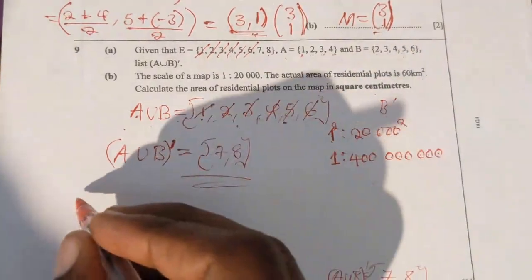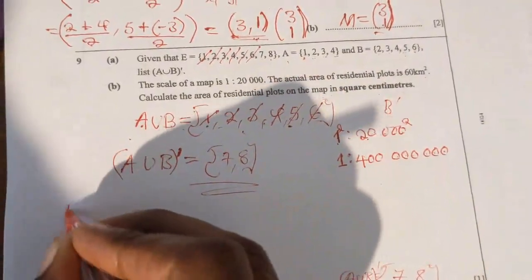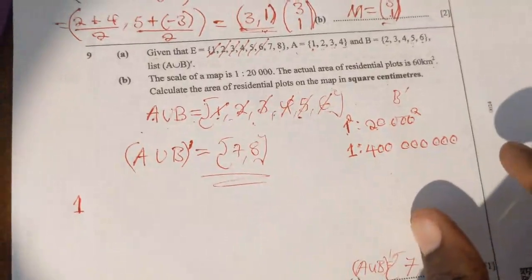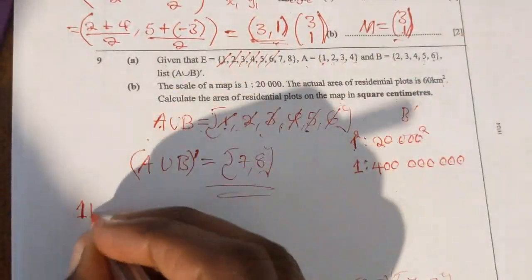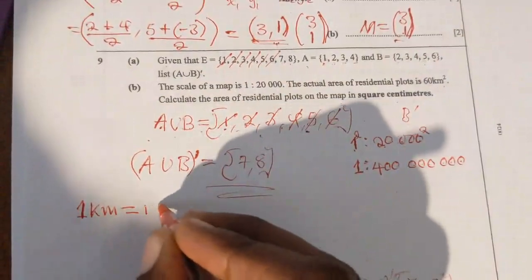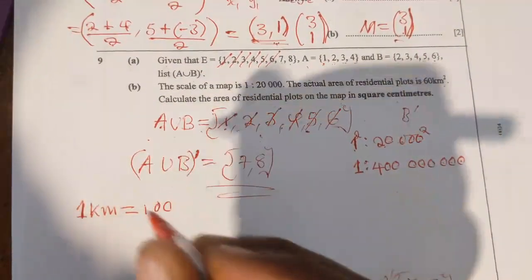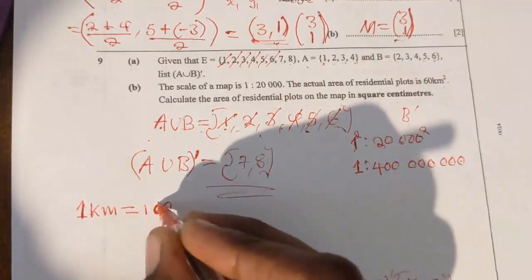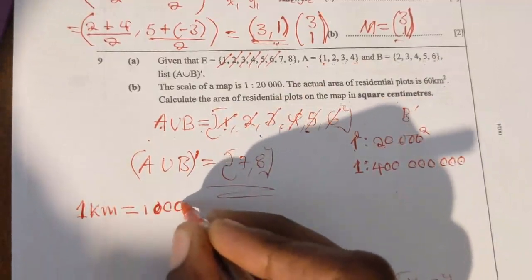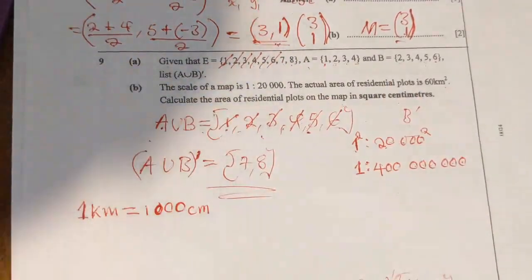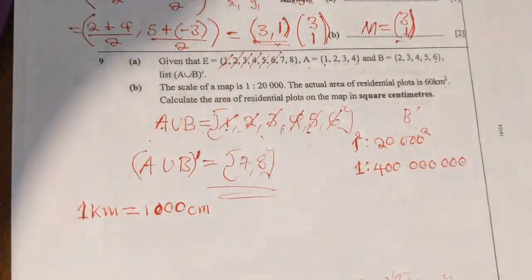So what you need to know is that 1 kilometer is equal to 100 centimeters, is equal to 1000 centimeters.